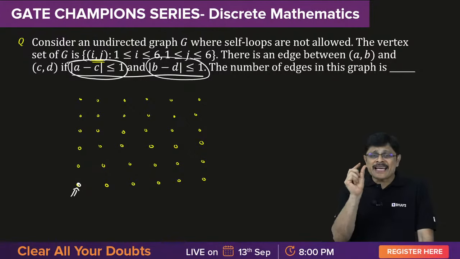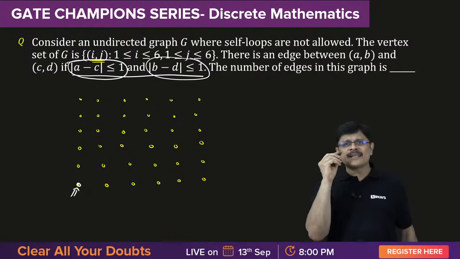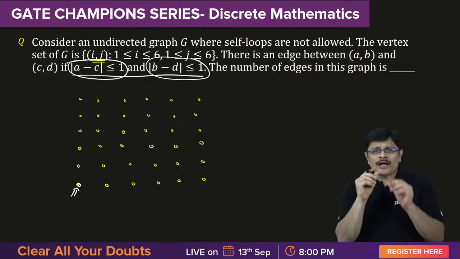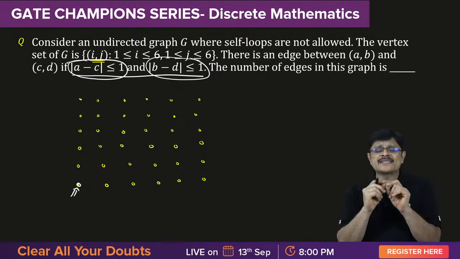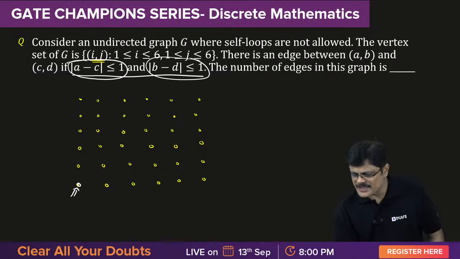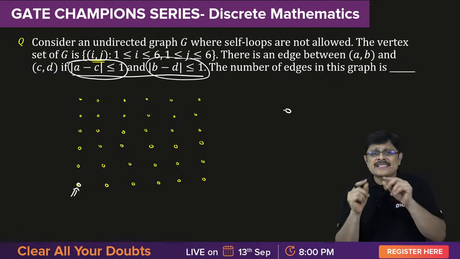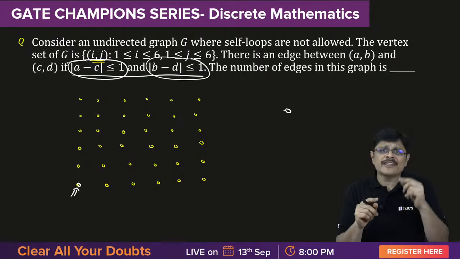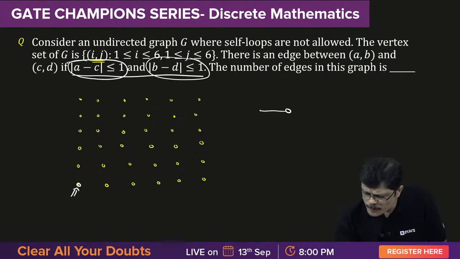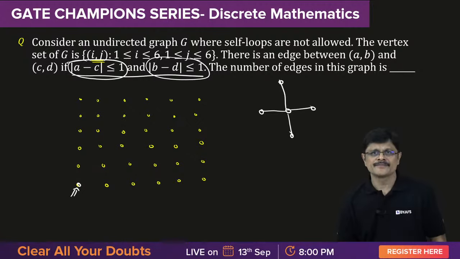Because the xy coordinate, or first and second coordinate, difference must be 1. How many vertices can any vertex be adjacent to, my dear friends? See, if you take any vertex, the other vertex having difference 1 in the first coordinate should be either here or here or here or here.